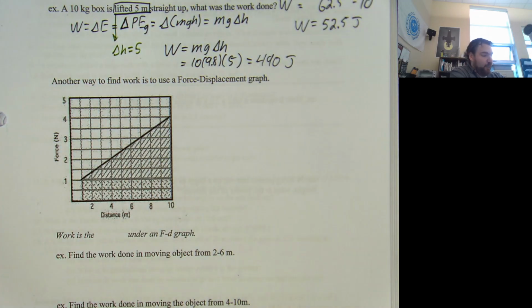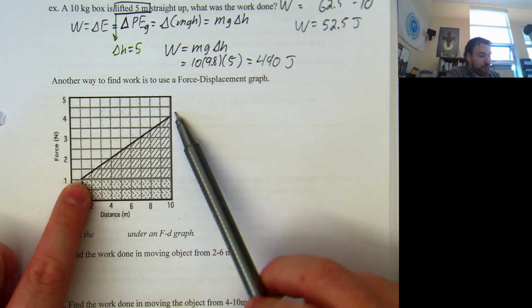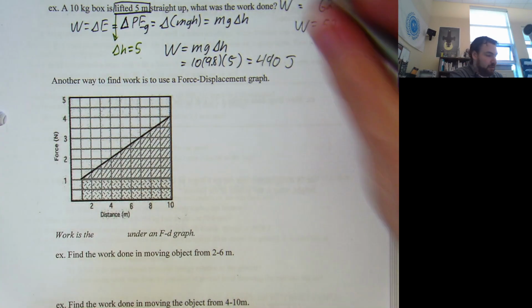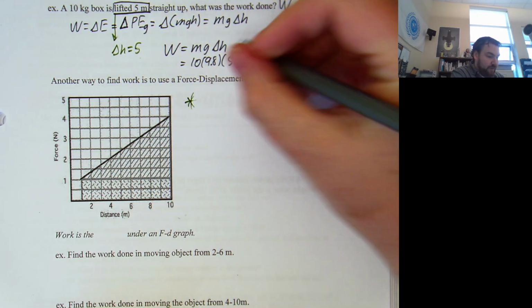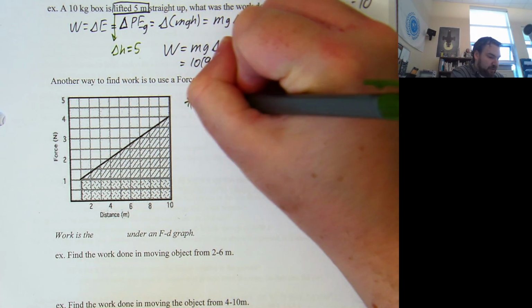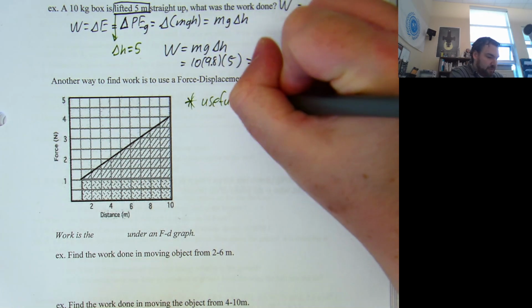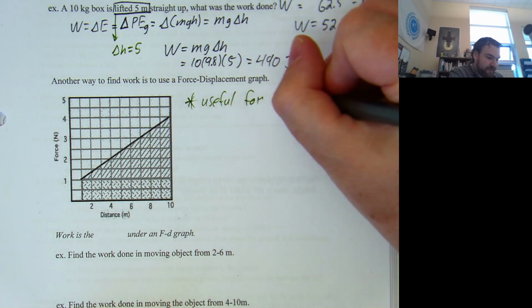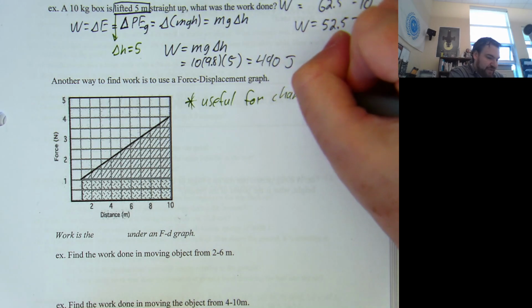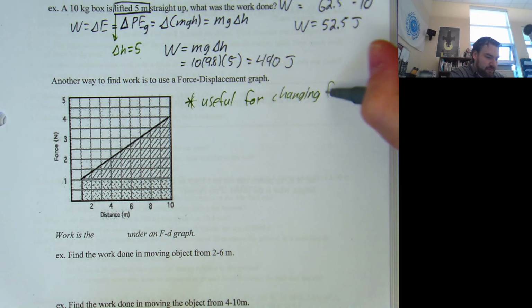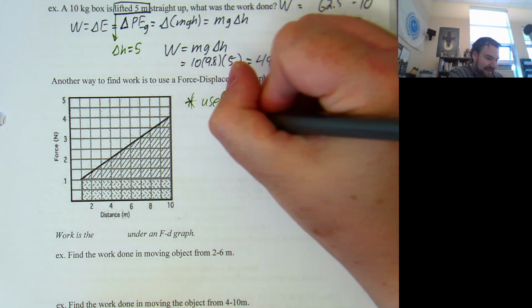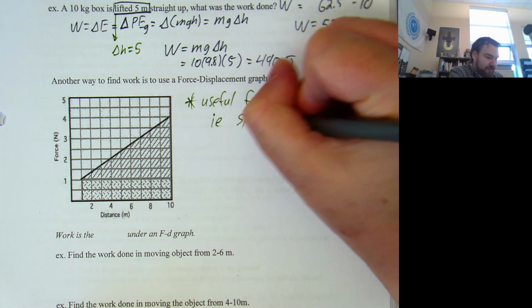So this is an example where you have a changing force as distance changes. This is useful for changing forces, i.e. springs.